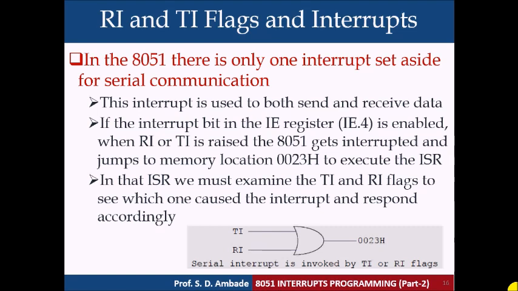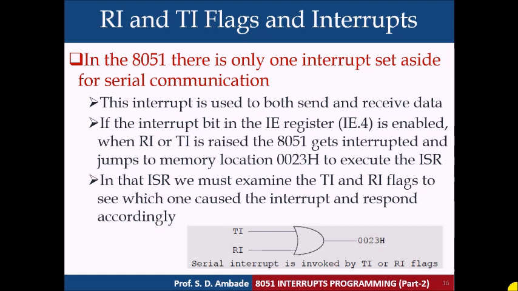Memory location 0023H is the assigned vector location for serial interrupt. In that ISR, we must examine the TI and RI flag to see which one caused the interrupt and respond accordingly.